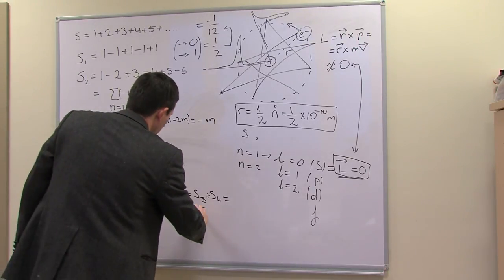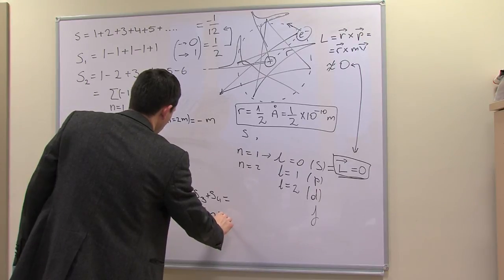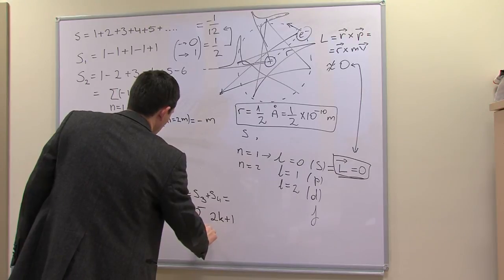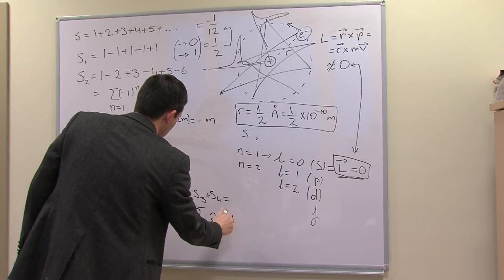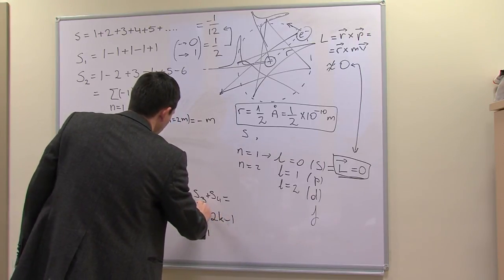So here we may have the summation of 2k minus 1, where k goes from 1 to m.